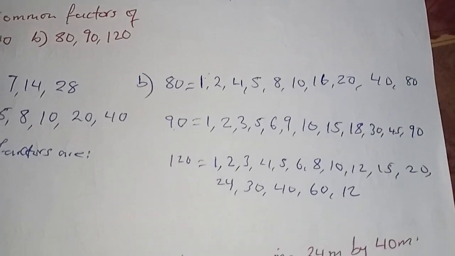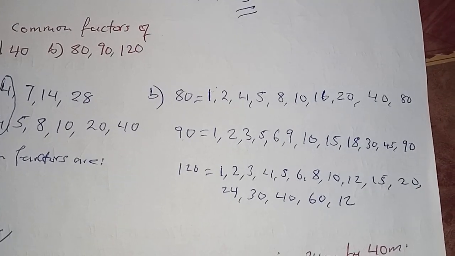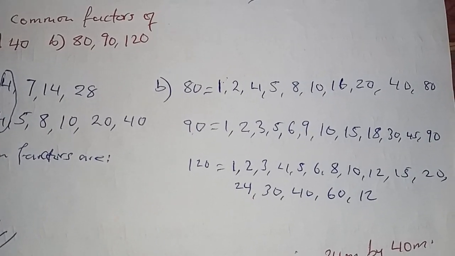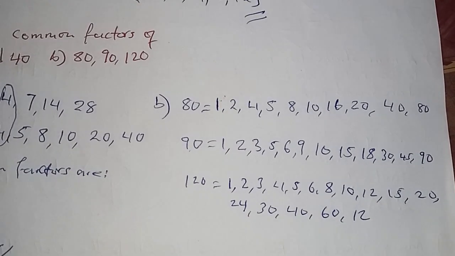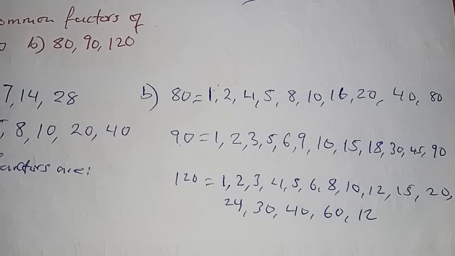Don't worry, I will show you a simple step. You don't have to list all these numbers, but from the introduction, you have to know the factors of every number first before I can show you the shortcut.